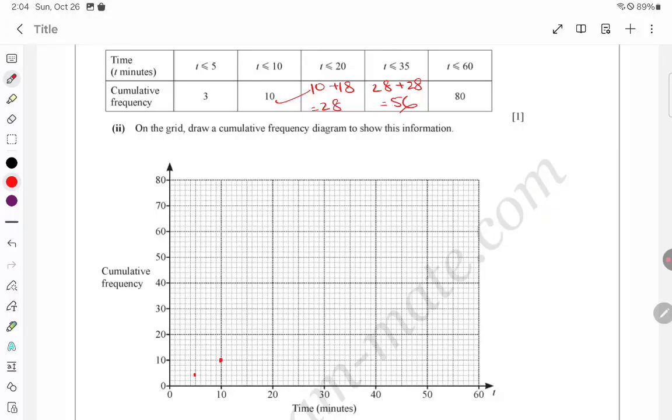At 20, 28. And at 35, right here, the cumulative frequency is 56. And at 60, the cumulative frequency is 80. Simply join the lines.